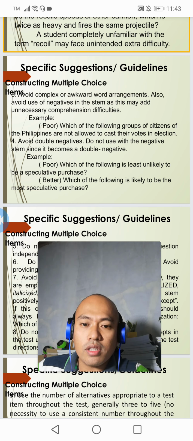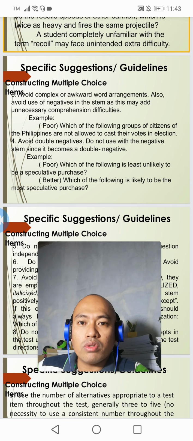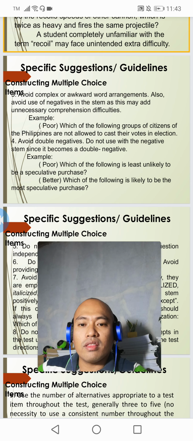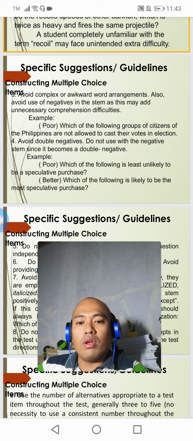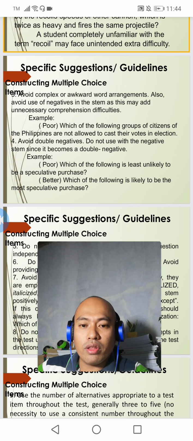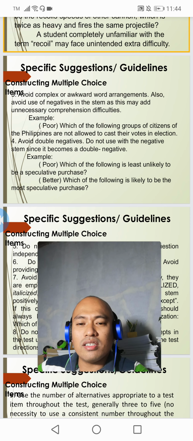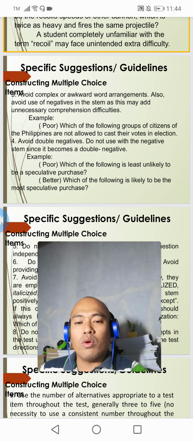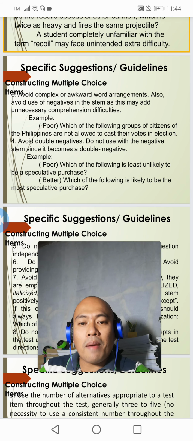As you can see, in this item I used the word not, which denotes a negative statement. If this cannot be avoided, we need to capitalize it, or at least bold or underline it, to emphasize to the students that the statement is negative.